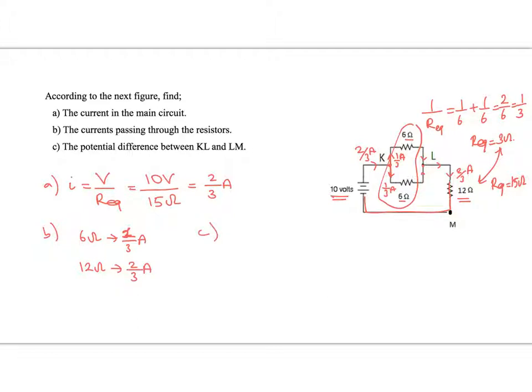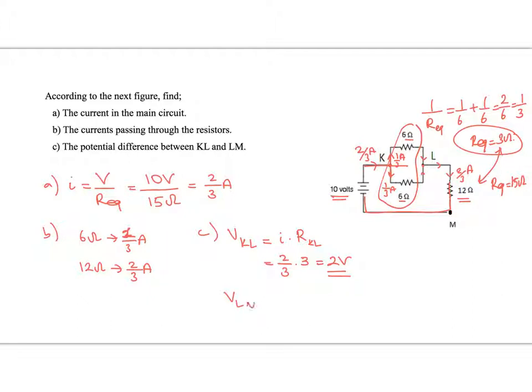Now let's find the potential difference. The potential difference between K and L will be equal to the current passing from KL times the total resistance between KL. Current passing through here is 2 over 3 ampere. The total resistance between the points KL is 3 ohm, so it will be equal to 2 volts.